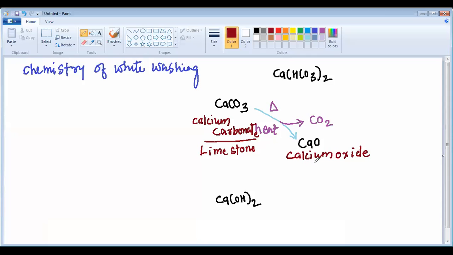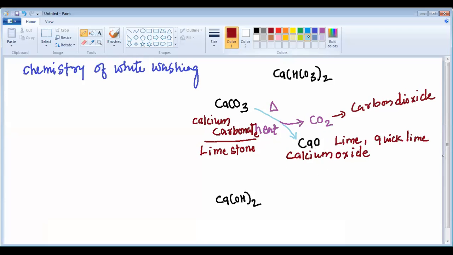The other names for this are lime or quicklime. And this is carbon dioxide gas. So when this calcium carbonate or limestone is heated, it gives us calcium oxide and carbon dioxide.